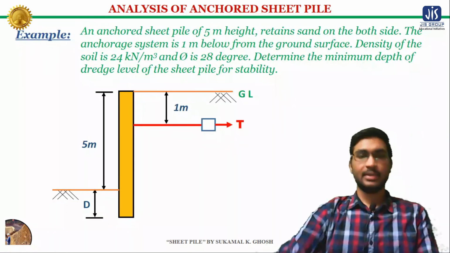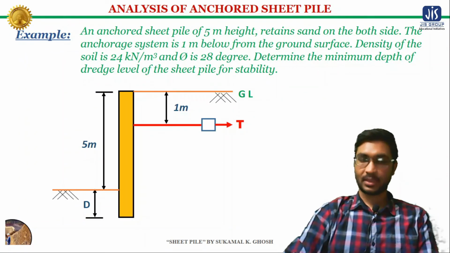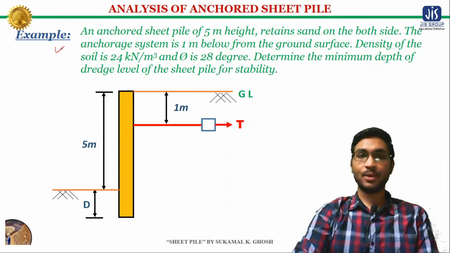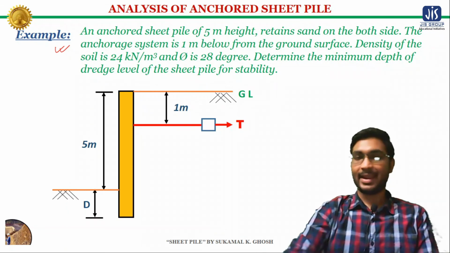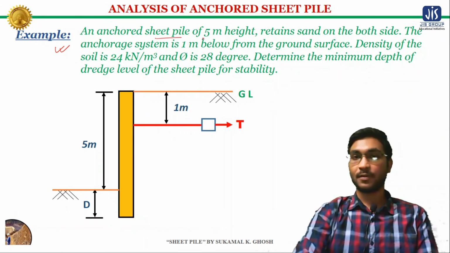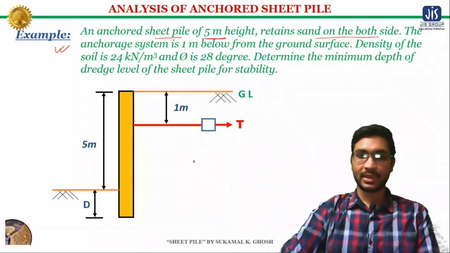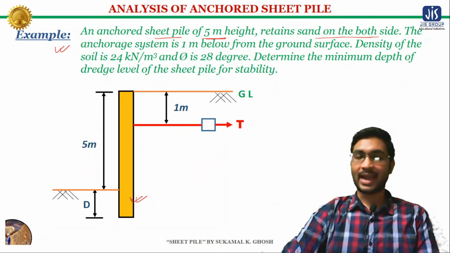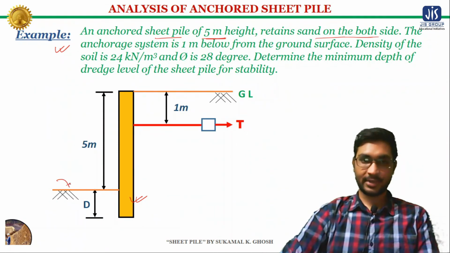Now we are going to discuss the analysis of anchored sheet pile, and we will analyze the anchored sheet pile with the help of a numerical problem. The problem says an anchored sheet pile of 5 meter height retains sand on both sides. This is the anchored sheet pile, and this is the dredge level.